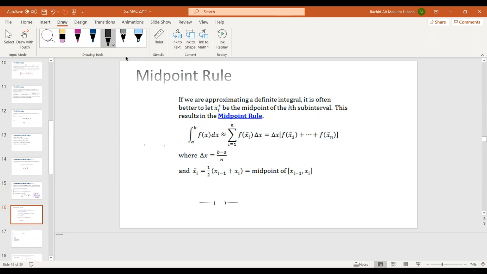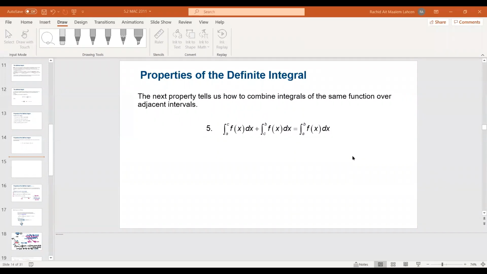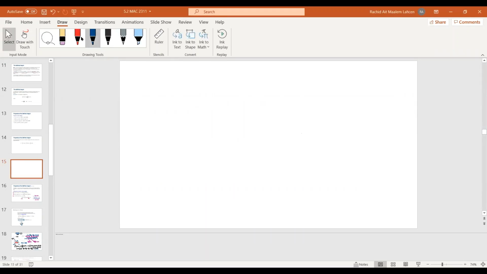Let's say this is xi, then this is xi minus 1, and this is xi star, and xi star is the middle. So it's going to be half of that. That's the midpoint. So if they are adjacent, like we talked about, you can use this.